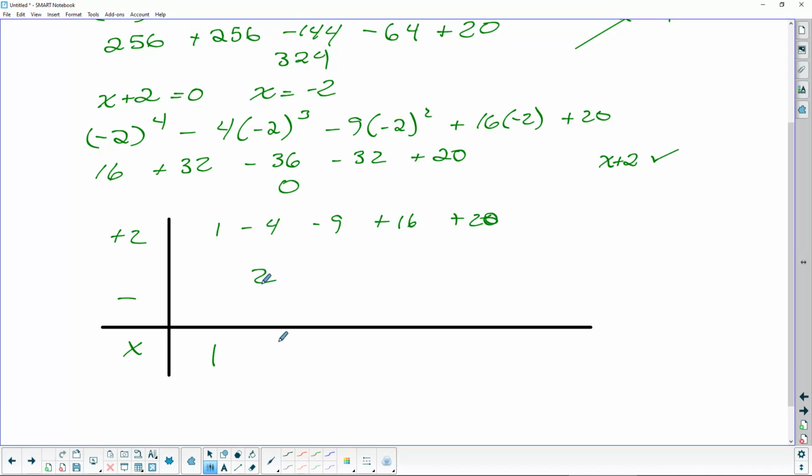Negative 4 minus 2 is negative 6. Negative 6 times 2 is negative 12. 9 minus negative 12 is plus 3. 3 times 2 is 6. 16 minus 6 is 10. 10 times 2 is 20. 20 minus 20 is 0. Oh, there we go.